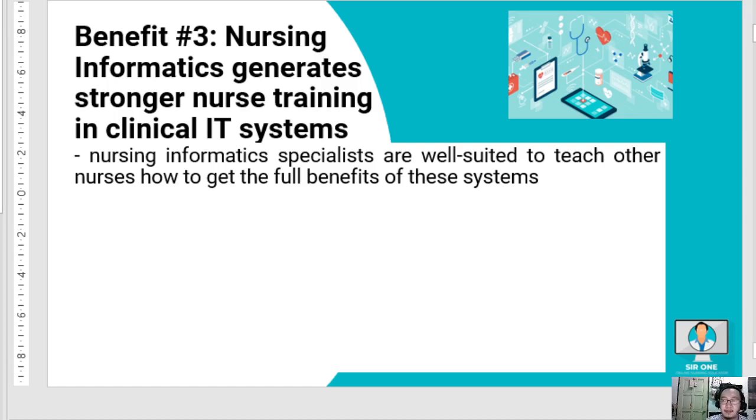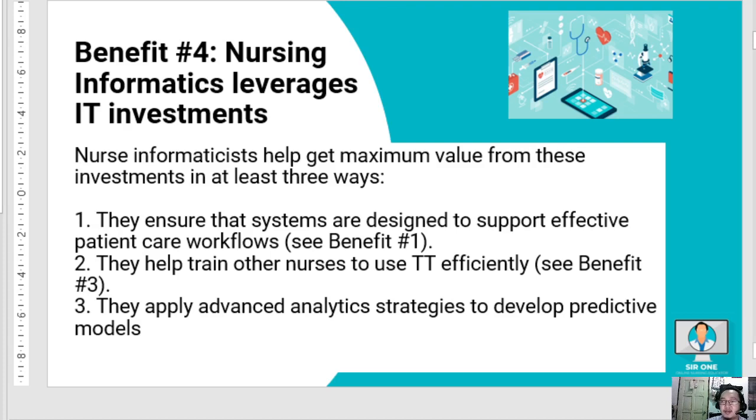And fourth, nursing informatics leverages IT investments. Every health facility, from a single clinic or a single doctor to large hospitals, to large training hospitals, investment is very important. When you say investment, you need, of course, money, you need budget, you need financial allocation.